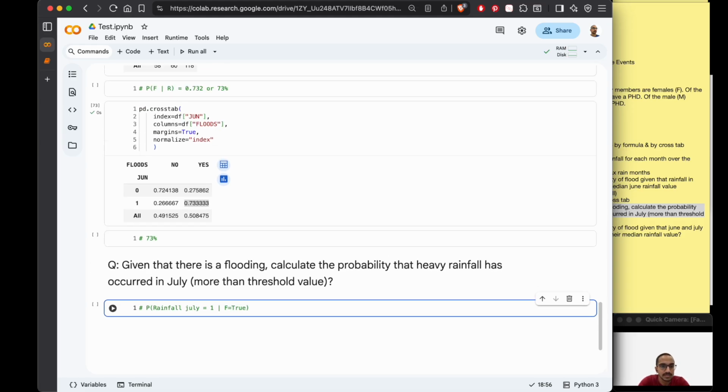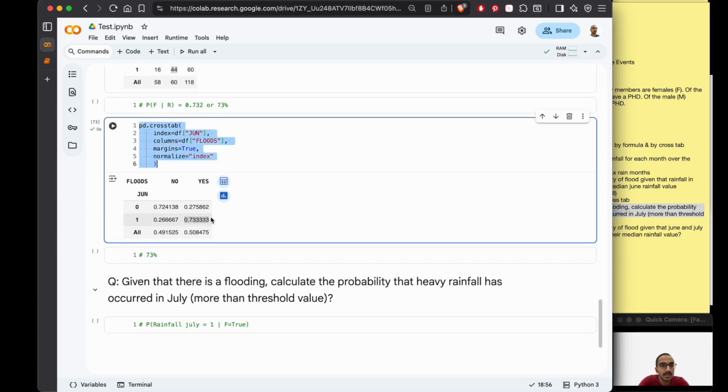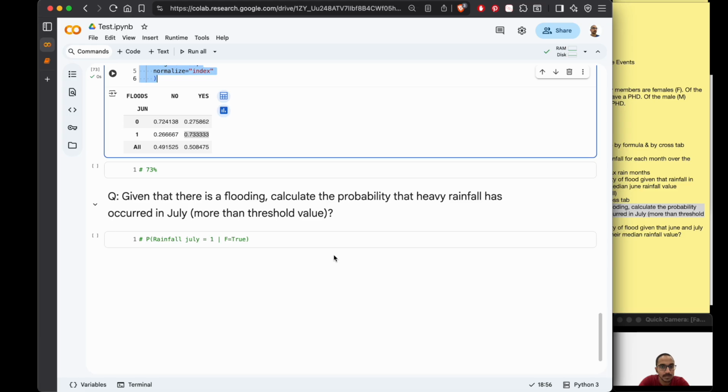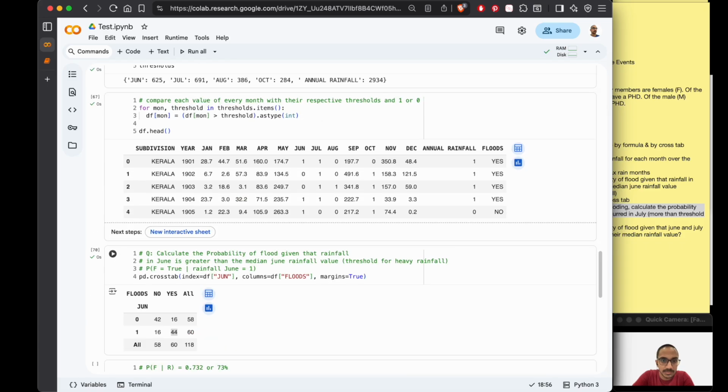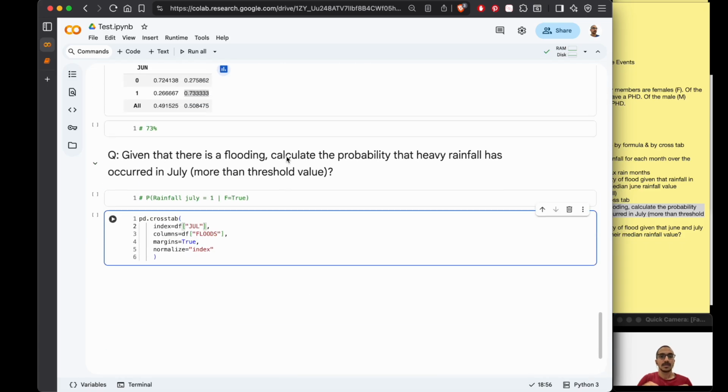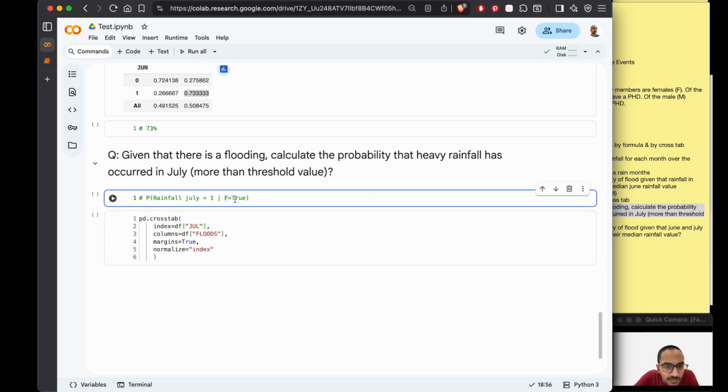So we'll use the same thing here, but in this case, the cross step normalization, what do we have to do here? You have to change the index to July, JUL, if I'm not wrong, that is JUL. And the evidence here is floods are true, right?